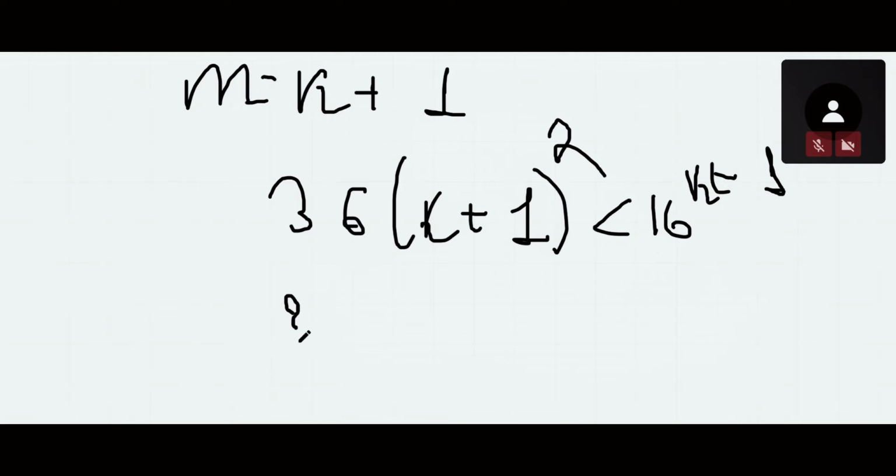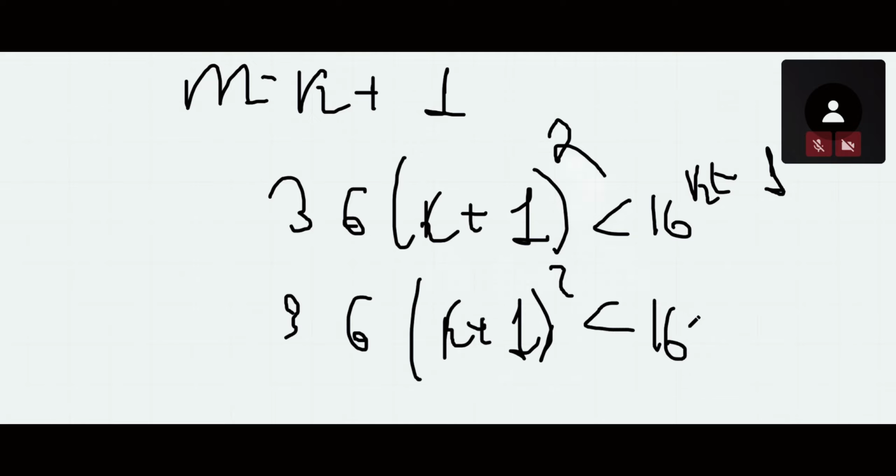Then what can we do? 36 times k plus 1 squared, 13k, k plus, multiply 16.